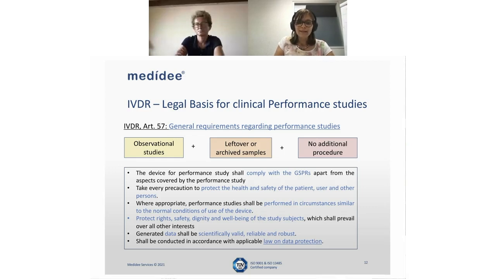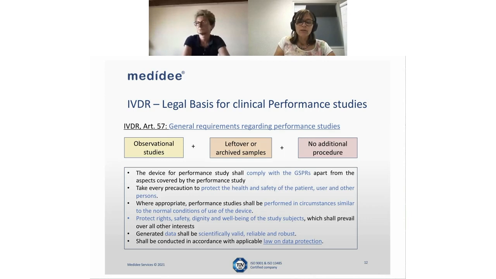The rights, safety, dignity, and well-being of the study subject need to prevail over the interests of the sponsor of the study, and the data that is generated needs to be scientifically valid, reliable, and robust, because otherwise there is no point in collecting data if in the end this data cannot be used for its purpose.